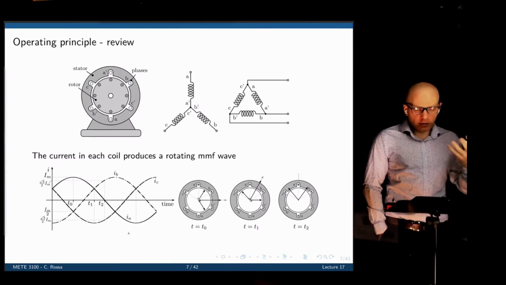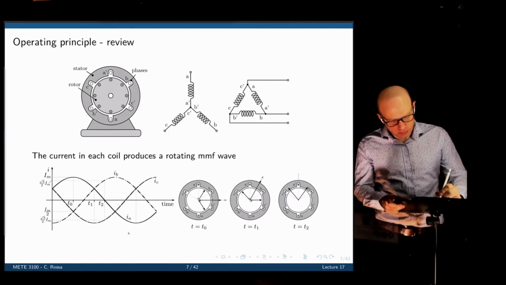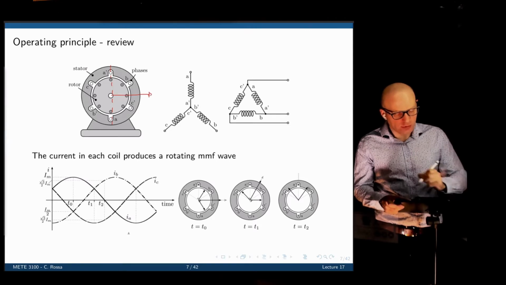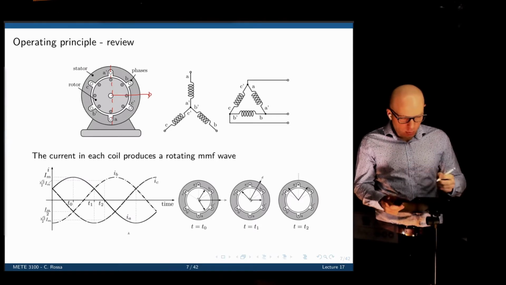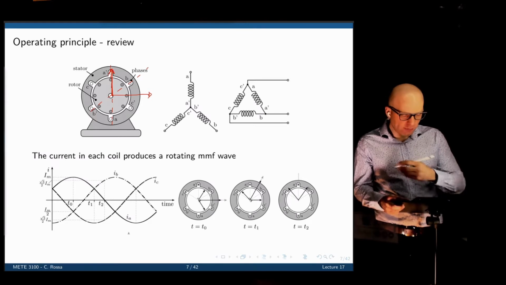And we can say that when phase A is activated, it creates an axis like that, and it will create an EMF that points that way. Phase B would be this axis here, and would create this magnitude, and phase C as well.